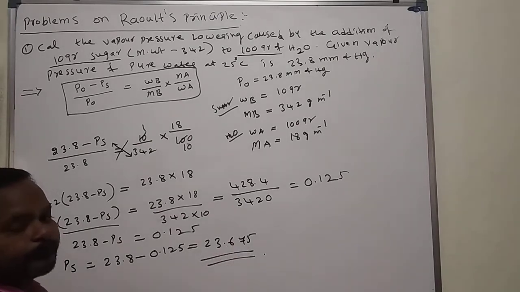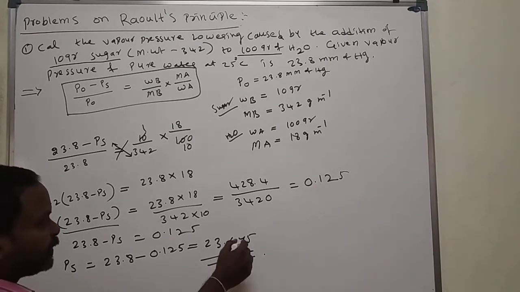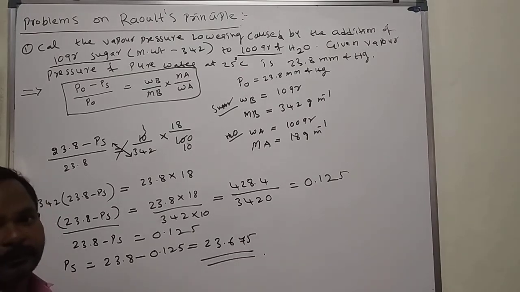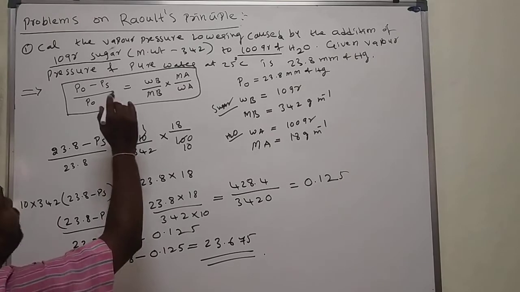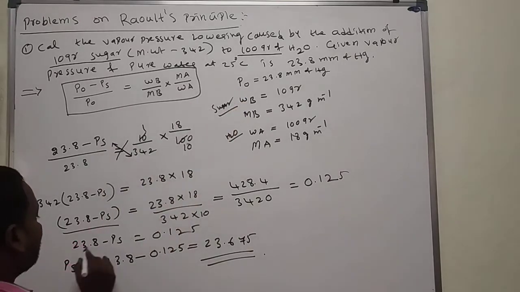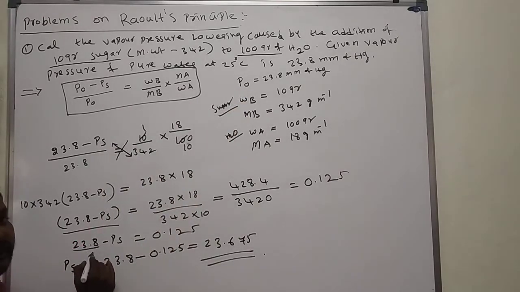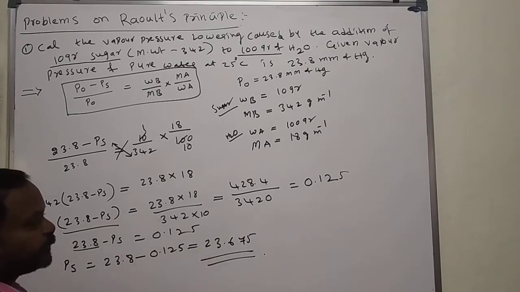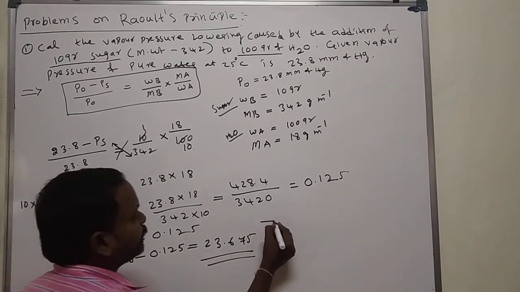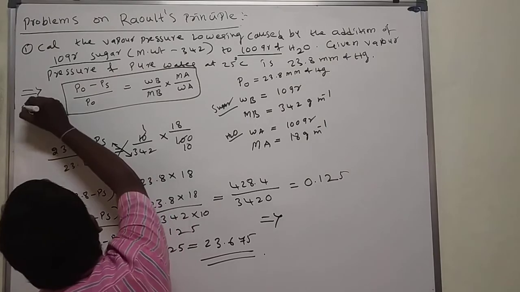Vapor pressure of solution. Here 23.8 is vapor pressure of solvent and 23.675 is vapor pressure of solution. This is step 1.